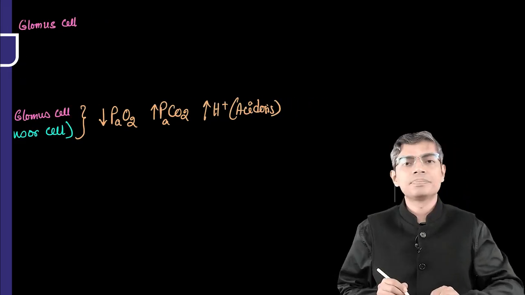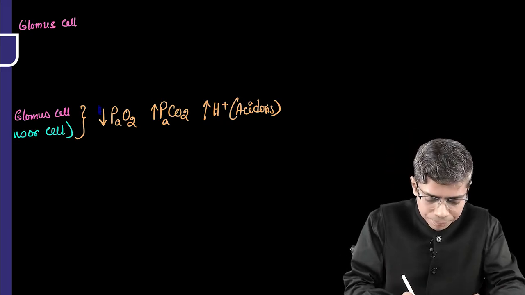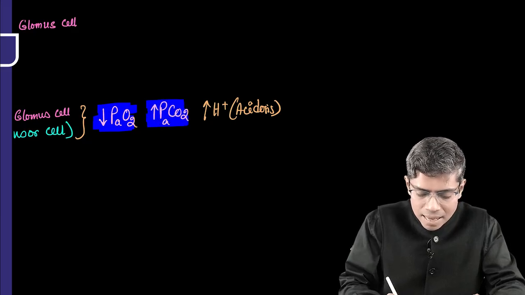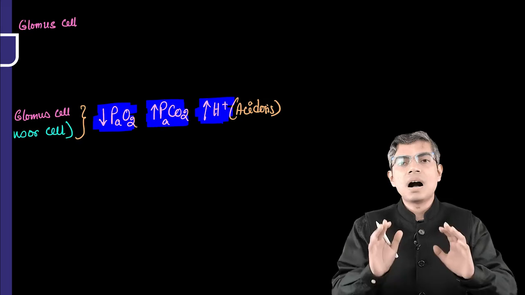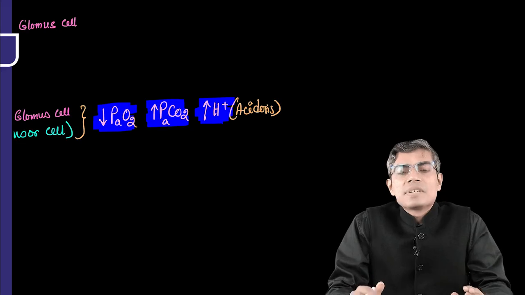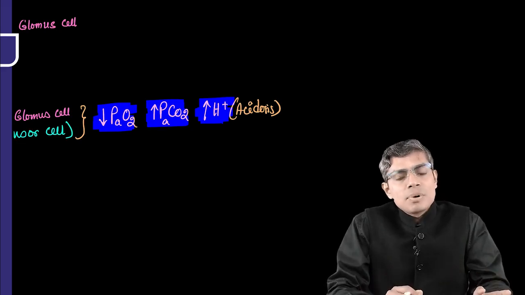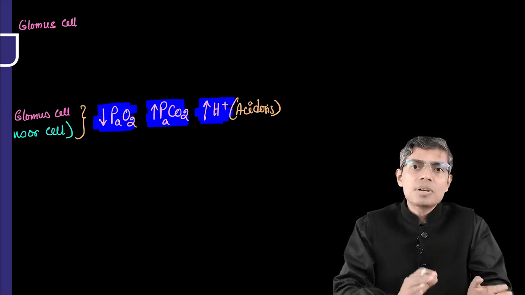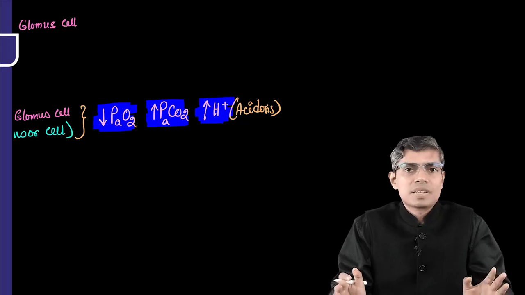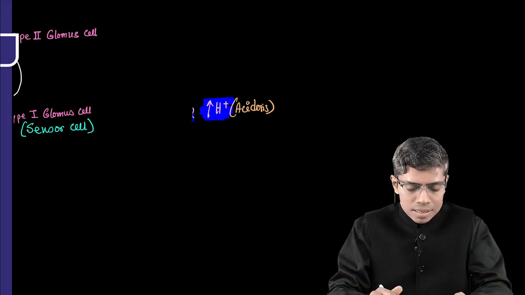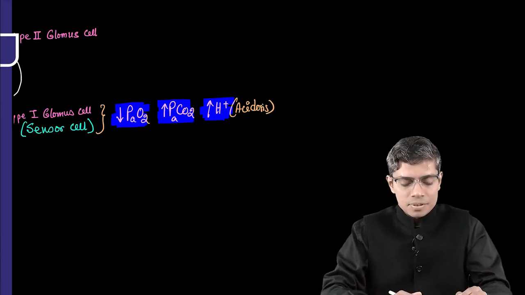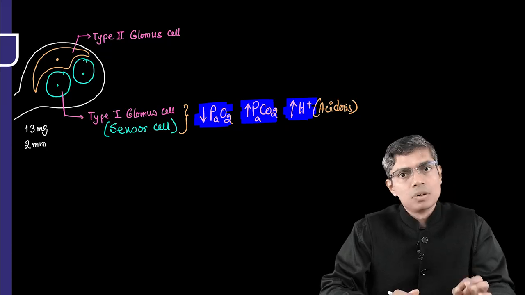So I am saying here that hypoxia, hypercapnia and acidosis, these three are the dominant stimulants for peripheral chemoreceptors, both carotid body and aortic bodies. But carotid body chemoreceptors are more sensitive than aortic body chemoreceptors, right? So these are the three stimuli which are responsible for stimulating this type 1 glomus cell.